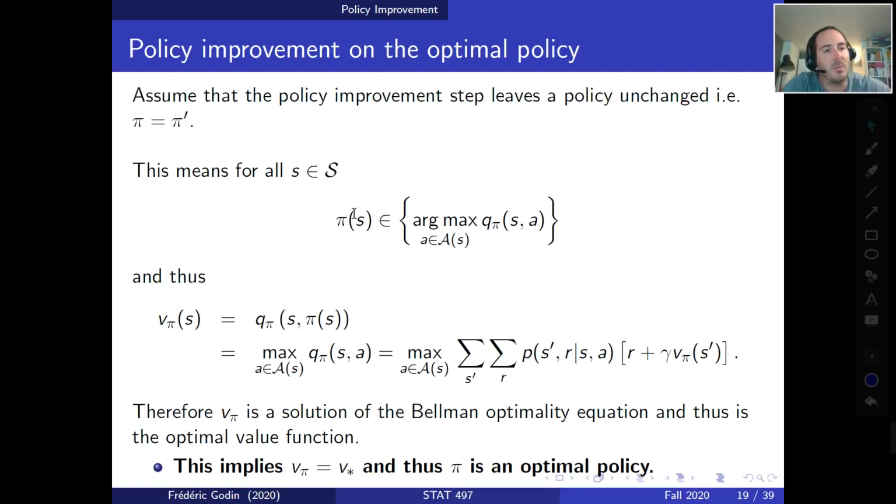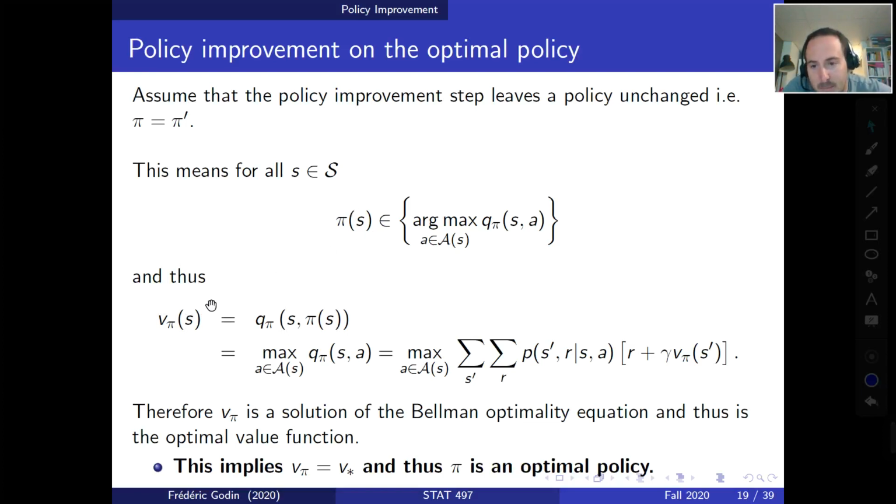So it means that when we look at the action value, let's say we fix S, and for that S we look at the action value for all actions, and the best one ends up being pi S, which is the action proposed by our initial policy. Thus, what would that mean?